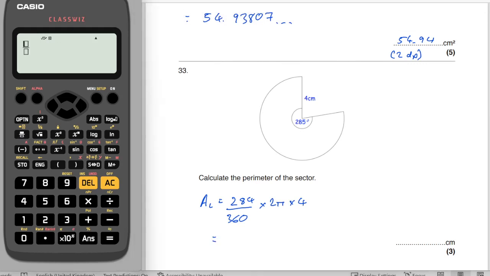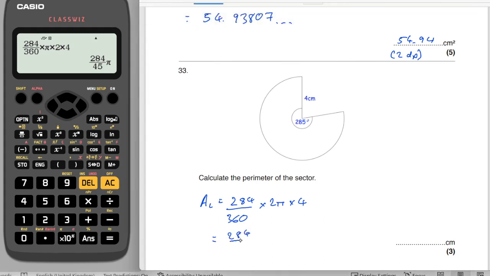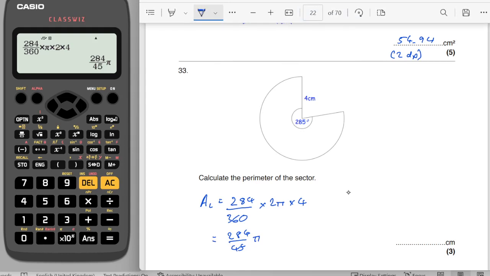So I'm going to go fraction 284 over 360 times pi times 2 times 4. So I get the circumference or the arc length as being 284 over 45 pi. So I want the total perimeter.